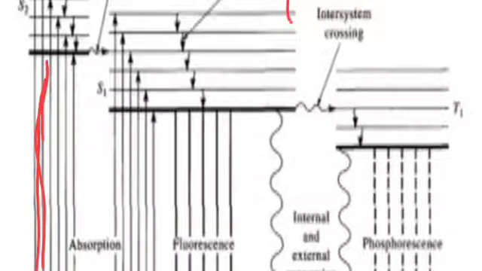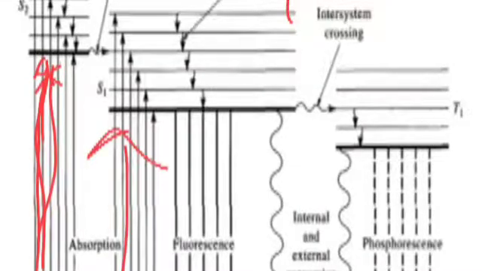So from the ground state to the singlet state. This is for the S2 step. This is for S1. If the electron falls in this, what happens? It is considered to be lambda 2. And when it falls from the singlet state one, then its wavelength is lambda 1.